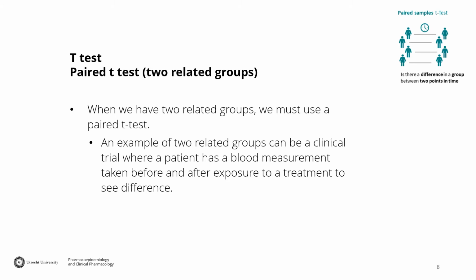That is what we typically mean with two related groups, which is what we use for the paired t-test. As an example, it could be a clinical trial where a patient has a blood measurement taken before and after exposure to the treatment, to see if there's a difference in the blood measurement.